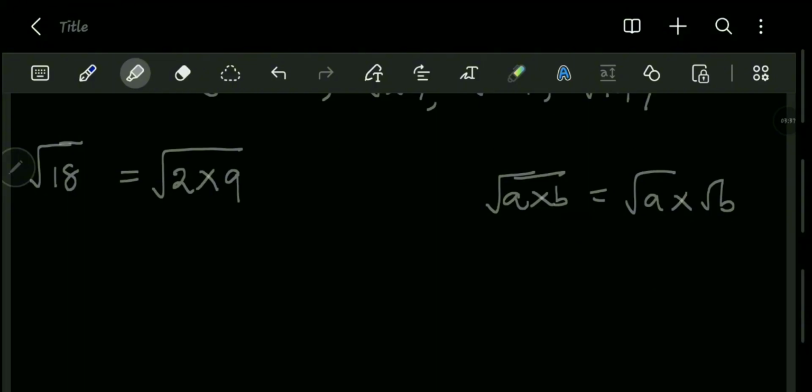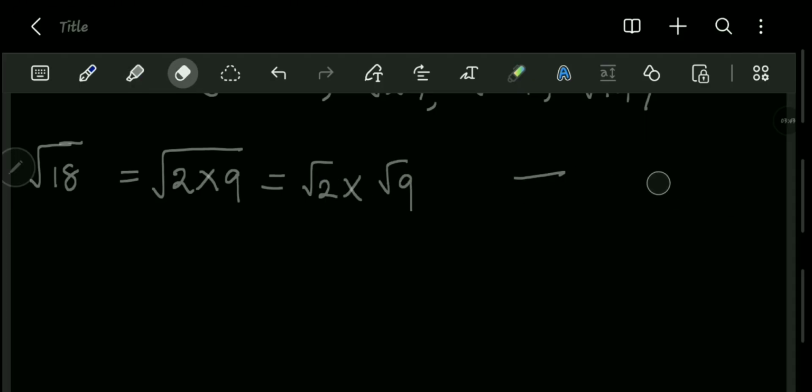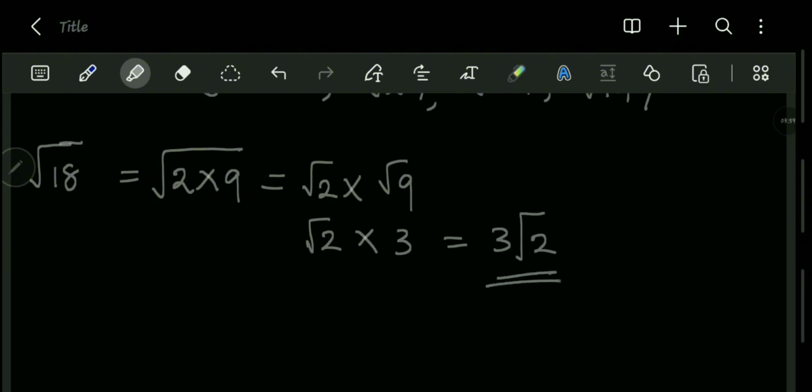Applying that here, this is going to be surd 2 times surd 9. Are you seeing that? 2 is not a perfect square, it's a surd. So we're going to have surd 2 multiplied by square root of 9, which is 3. Multiplying these two together gives us 3 surd 2. And this is our final answer.